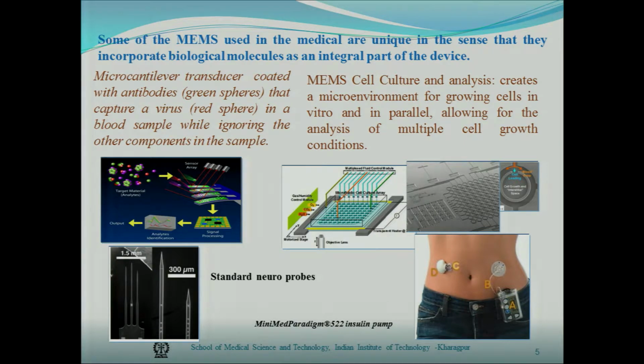Therefore, I must have some needle kind of thing where the tip dimension is much smaller, in the submicron or the nanometer dimension. So, it can probe actually and get the biomedical signals from the neurons.